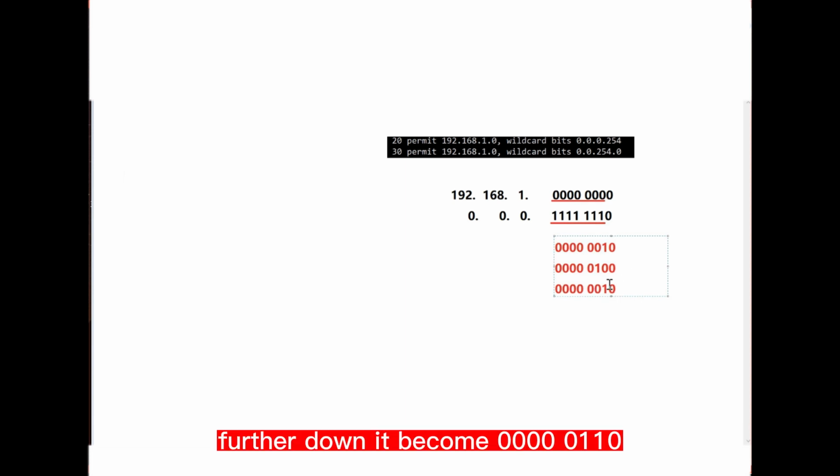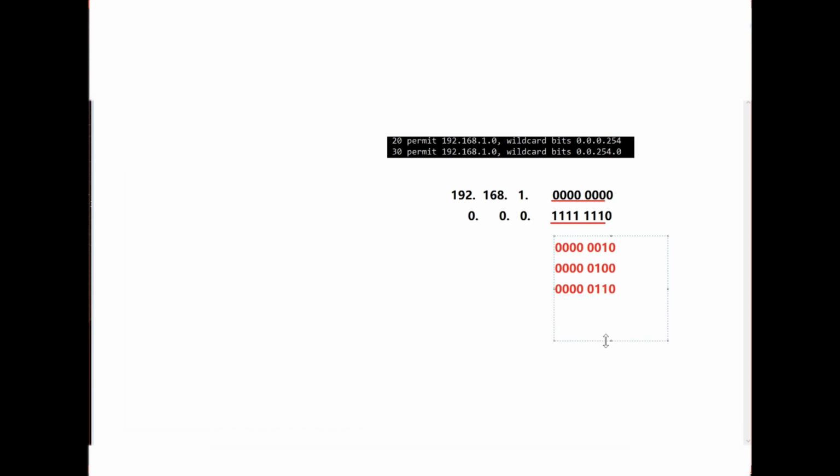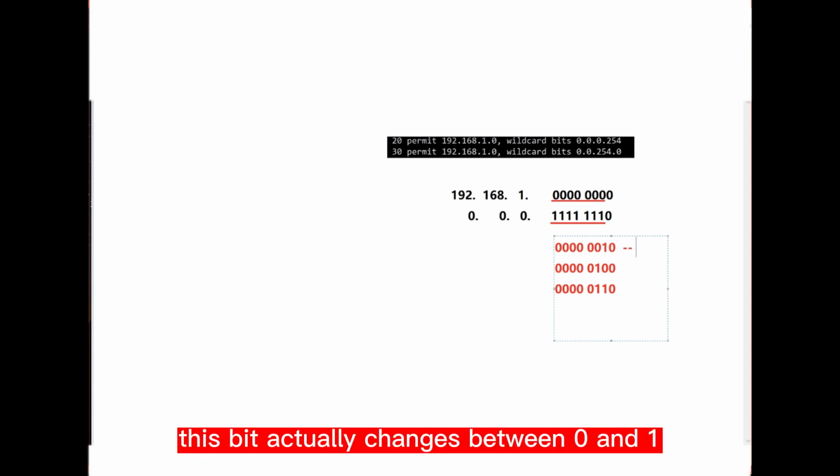It can be written as 00000010. The last digit is precise, while this bit can become 1. Then adding 1 more gives 00000100, and further down it becomes 00000110. The last digit is fixed to 0, while these bits change between 0 and 1.